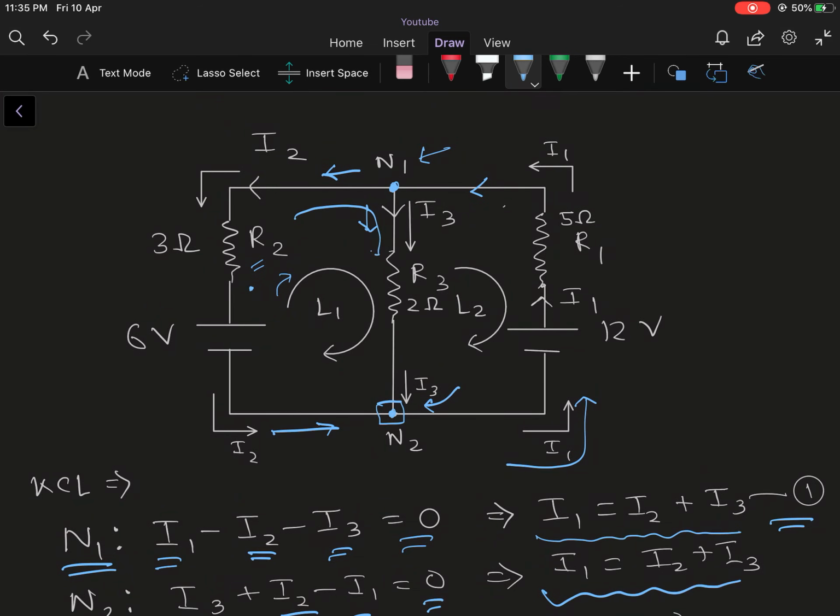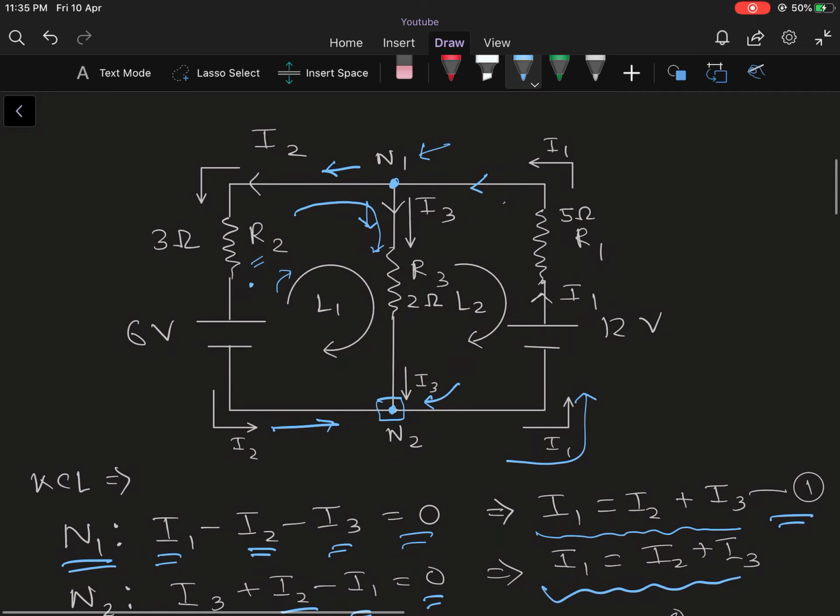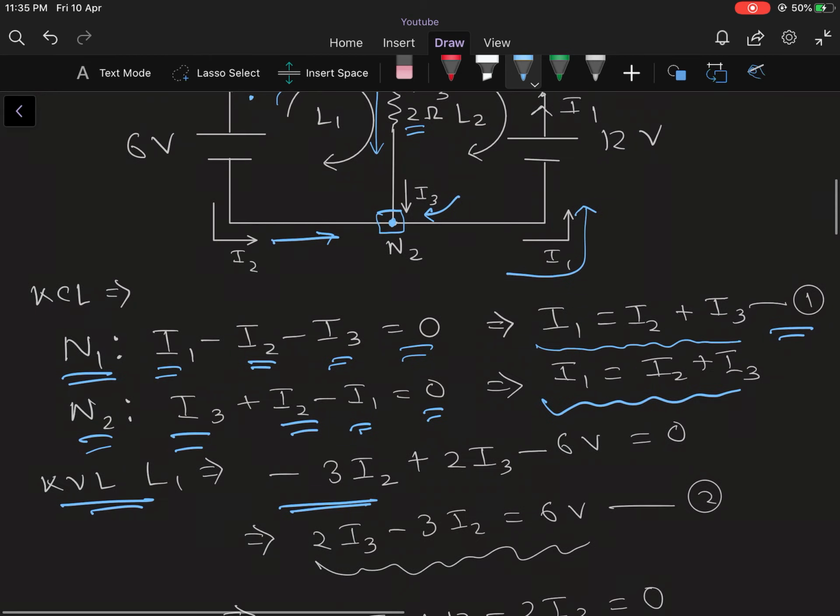Now we come near R3. The voltage drop across R3 will be 2 ohm into I3, 2 I3. In this case we are going in the direction of I3. The direction of I3 is in that direction, and we are also going in the same direction in our loop, so we take that voltage as positive.